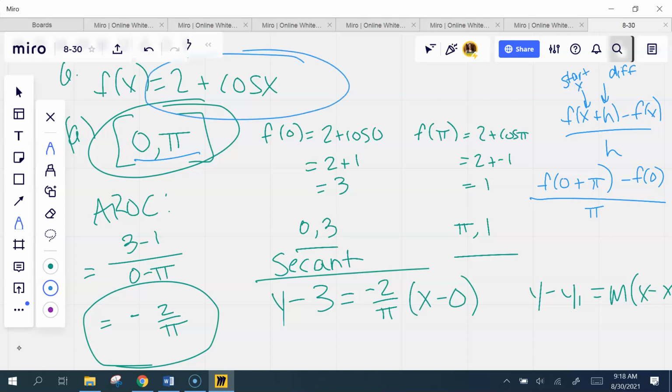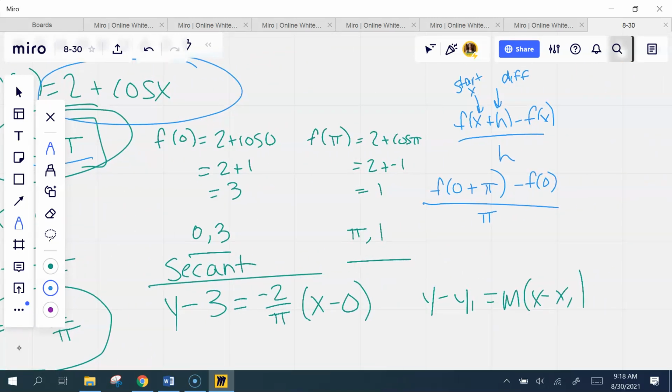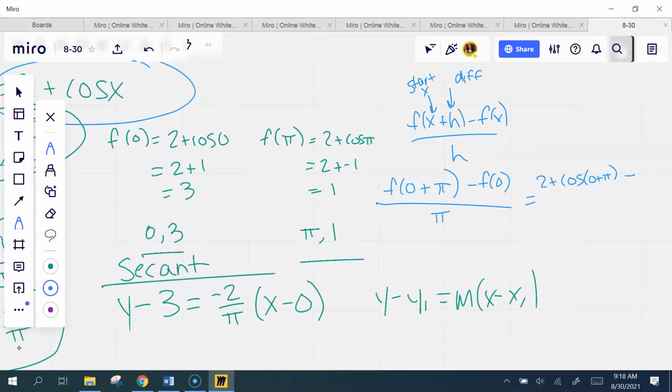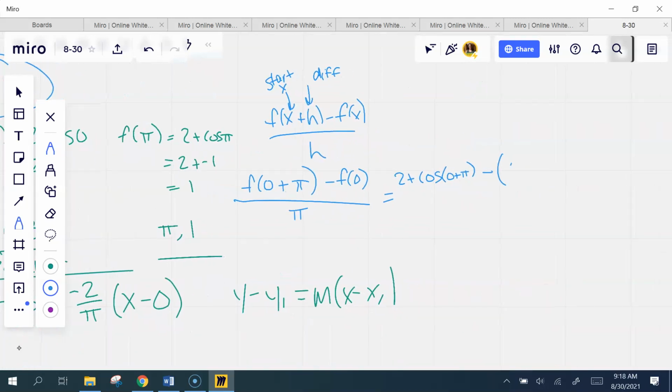This equation is still the same. So it's 2 plus cosine x. So it would be 2 plus cosine of 0 plus pi minus 2 plus cosine 0, over pi.